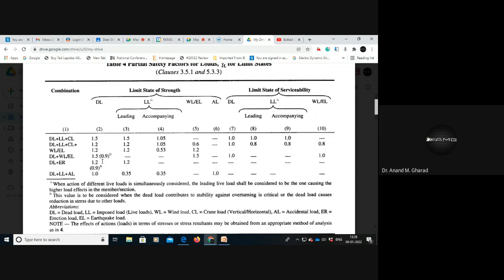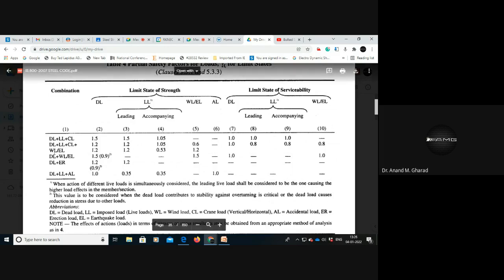Because this is a horizontal force which is applied, it is considered that in the combination of dead load plus or minus wind load or earthquake load, since this is horizontal loading, the vertical loading may not be that critical.